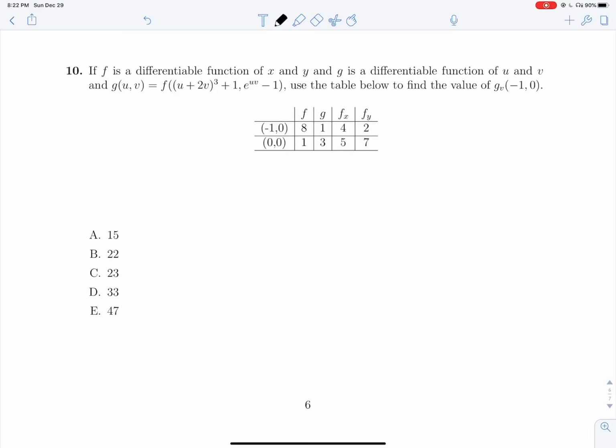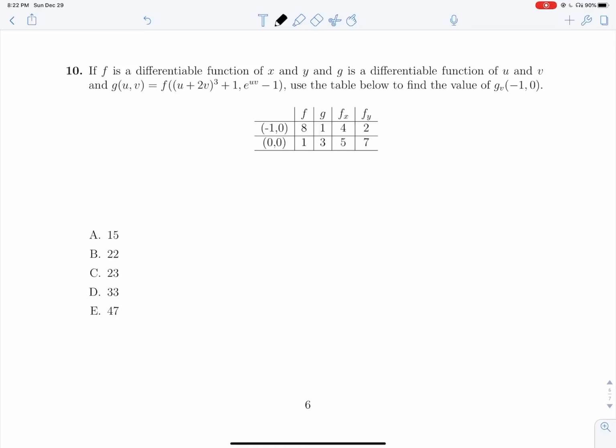Okay, f is a differentiable function of x and y, and g is a differentiable function of u and v, where g is composed of u and v, and it's equal to f, which is composed of x and y, each of which are composed of u and v. So, pretty confusing story they have for us here.